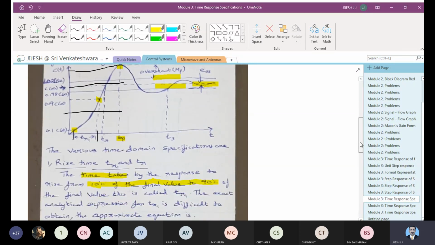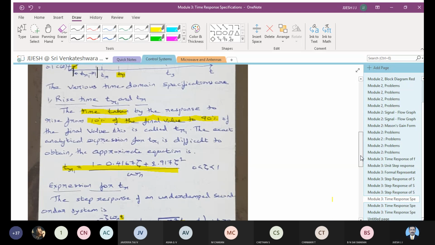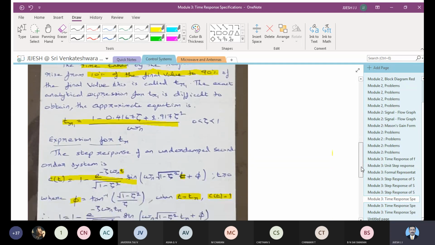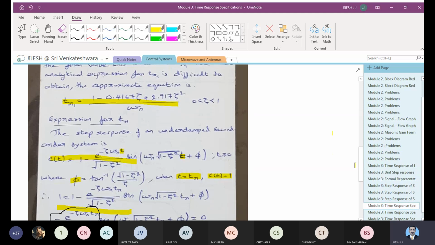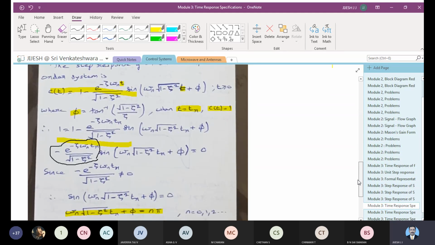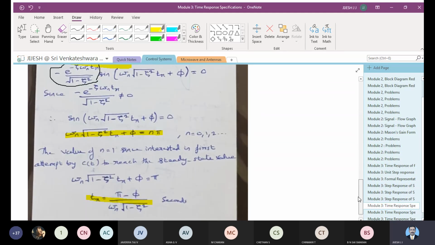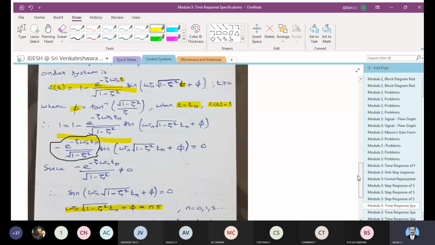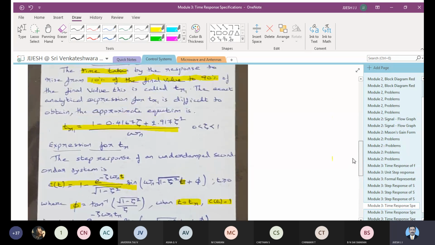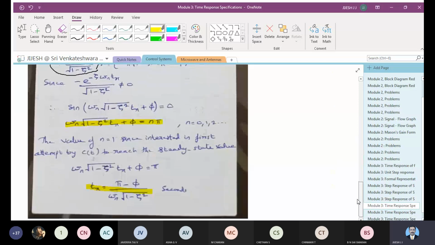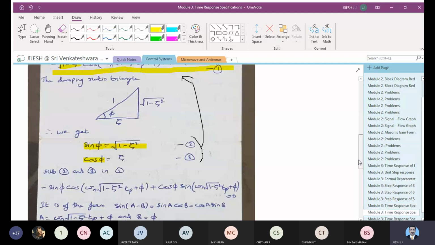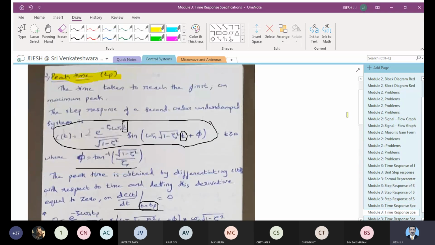The first one is the rise time, where we used the equation for C of t, simplified it, and received the rise time TR equal to pi minus phi divided by omega and root of 1 minus zeta square. Next we completed the peak time TP.